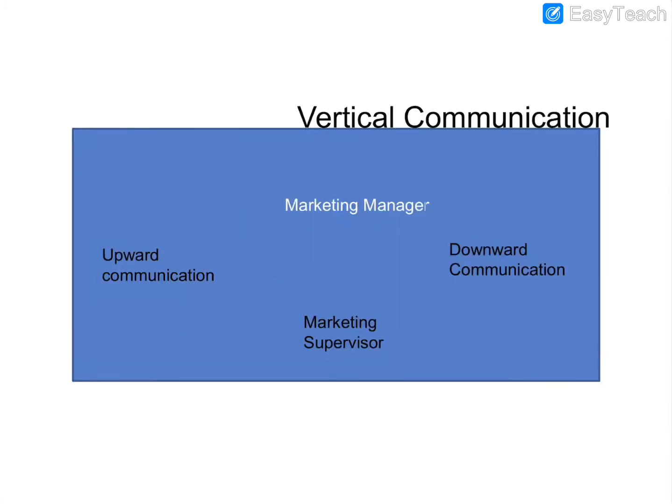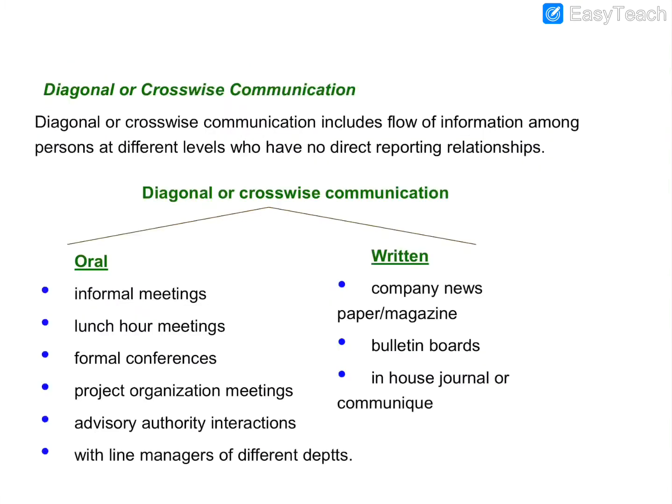Then we have vertical communication. Okay, vertical, it can be upward and also it can be downward. Then we have diagonal or crosswise communication. Diagonal or crosswise communication influences the flow of information among persons in different levels who have no direct reporting relationship.